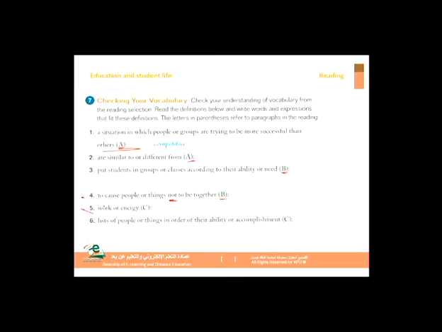Work or energy. That is in paragraph C. So we go to paragraph C and then we try to look for the answer. I'll read it again. Work or energy.